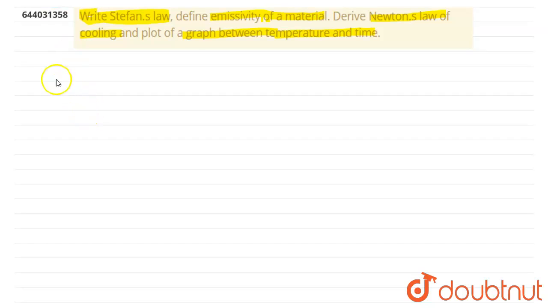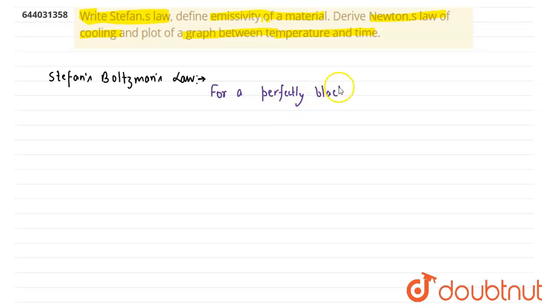So what is Stefan-Boltzmann law? Stefan and Boltzmann were two scientists. They gave the law for a black body, and according to them, for a perfectly black body, a black body is a body which absorbs all the radiations.